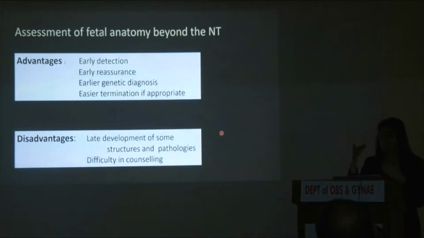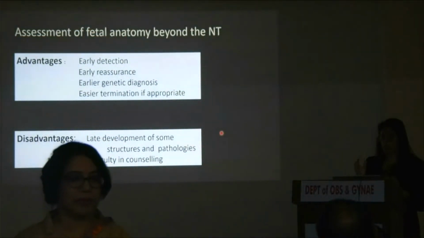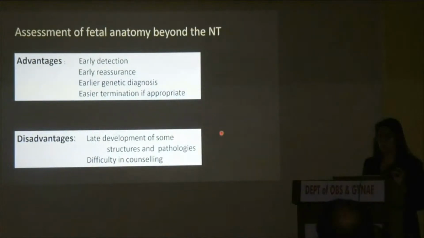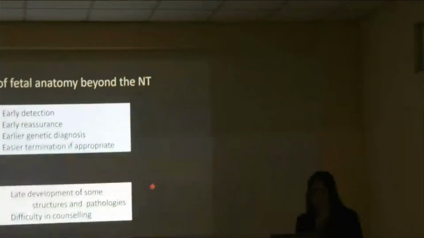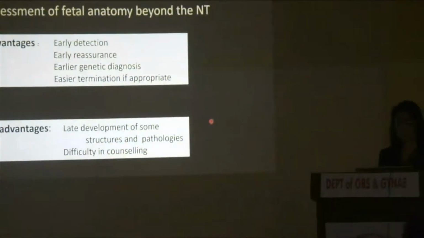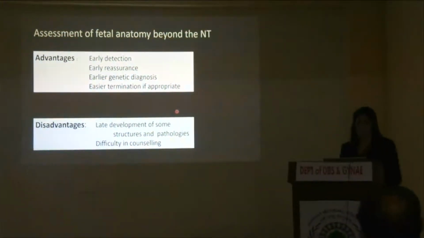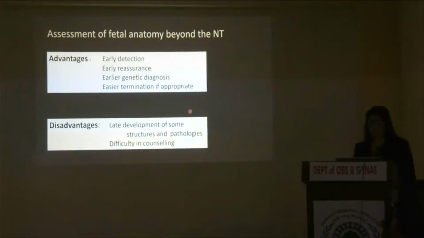So after we've seen these four aneuploidy markers, now we go to the assessment of the fetal anatomy beyond the NT. So the advantages are that we have early detection of anomalies, early reassurance, early genetic diagnosis, easier termination if possible, and the late development.